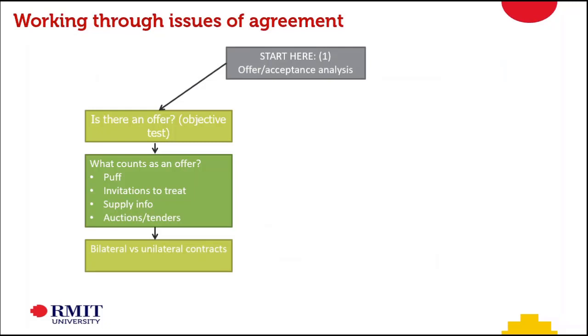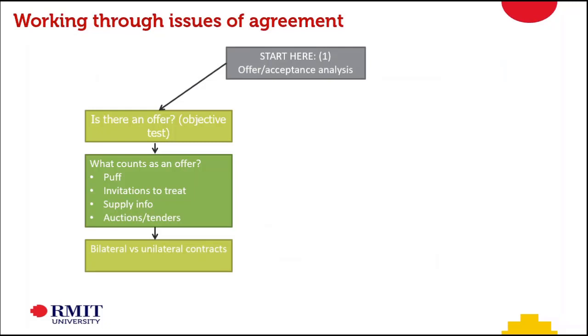Bilateral and unilateral contracts. Sometimes we need to distinguish between the two types of contract. Very rarely. I see a lot of talk about bilateral contracts in assignments from time to time. The fact that a contract is bilateral is very rarely interesting.